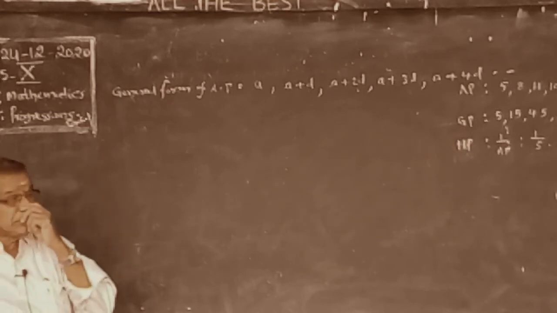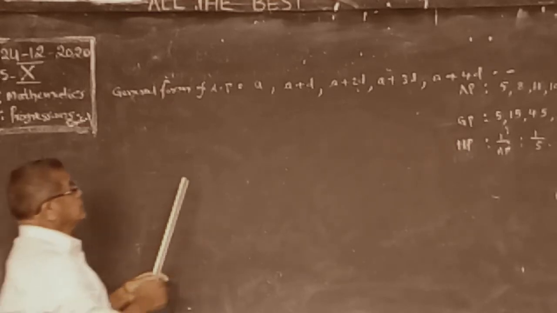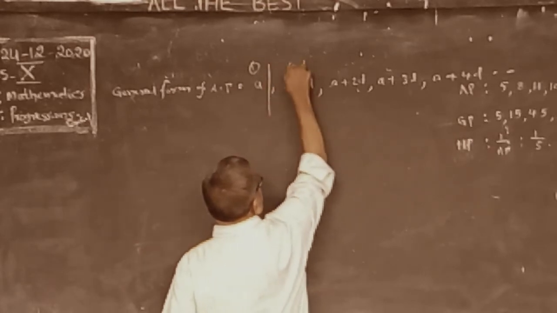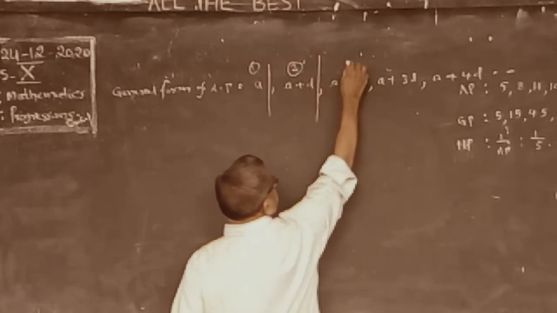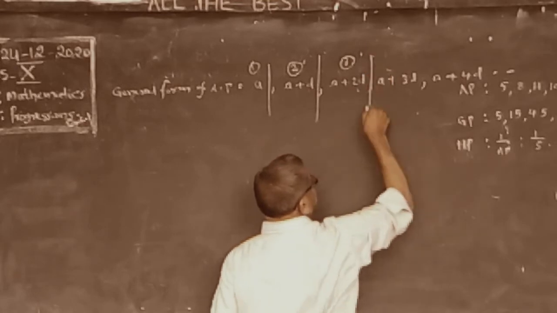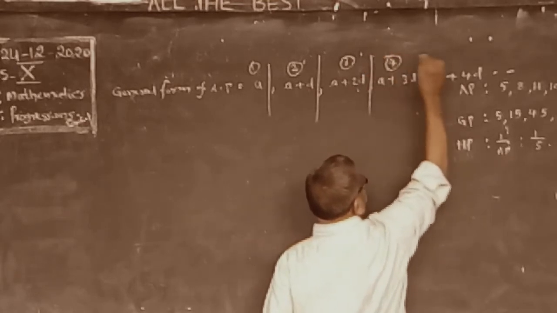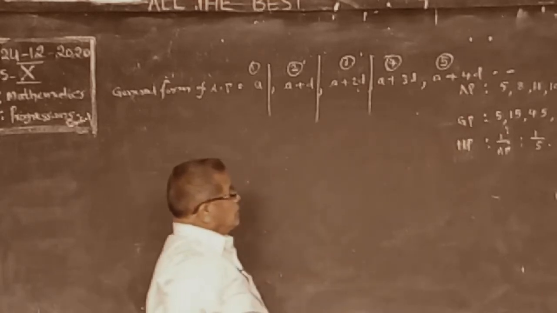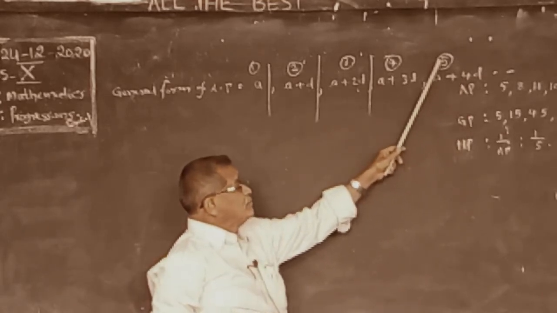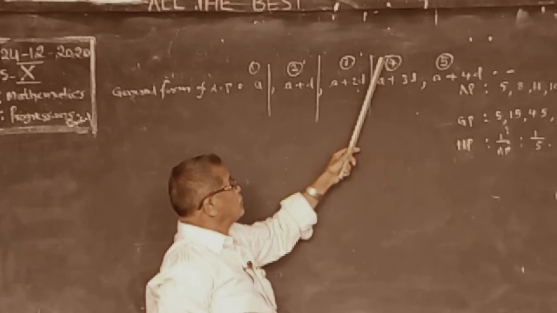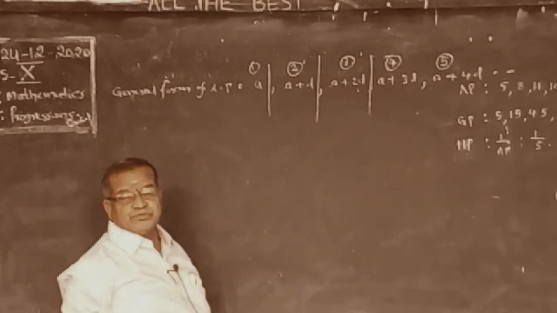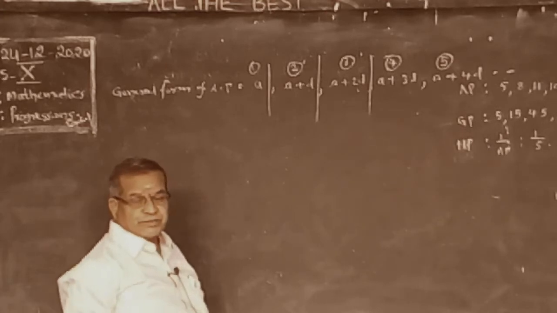By observation, this is the first term, this is the second term, this is the third term, this is the fourth term, this is the fifth term. Fifth term, see, 5 minus 1. Fourth term, 4 minus 1. Third term, 3 minus 1.